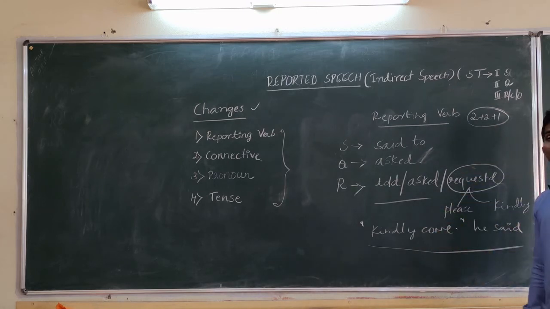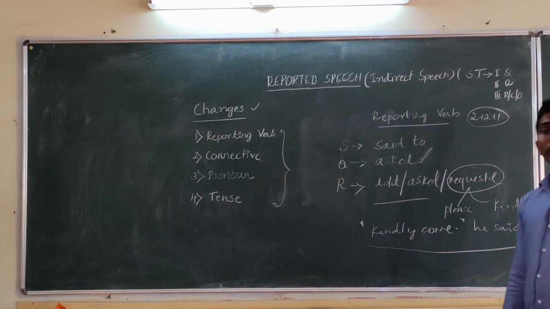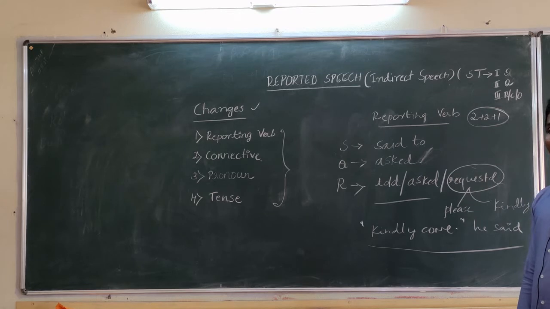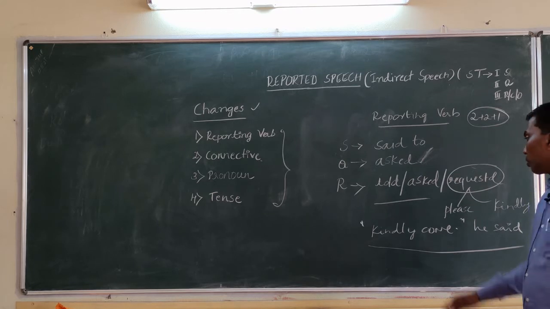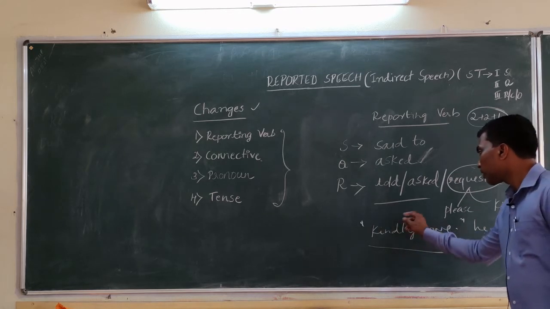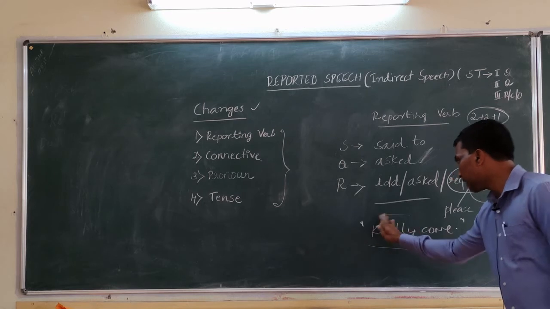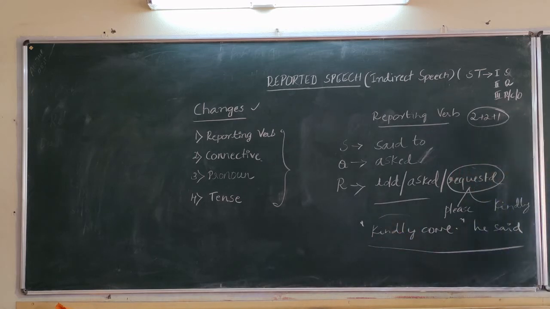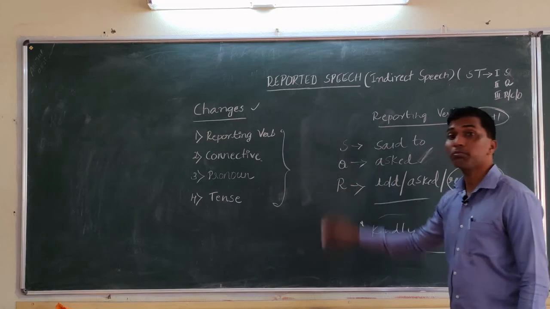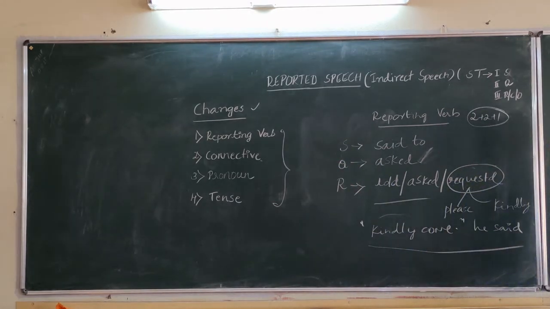please to show that it's a request in direct speech, and you have to go for the equivalent word which replaces kindly or please in indirect speech. That is the word we have been talking about. The word is a reporting verb. It should be expressed through a reporting verb.